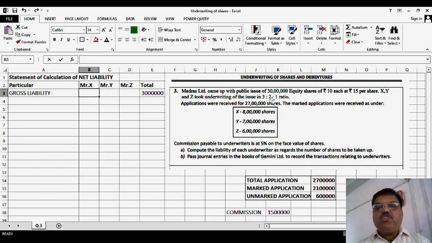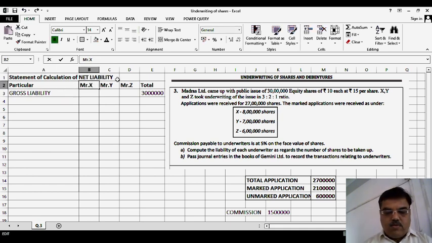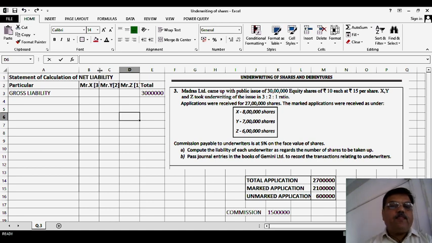The ratio is given 3:2:1. So you can write that ratio over here. In bracket you can write 3, here you can write 2, and here you can write 1.